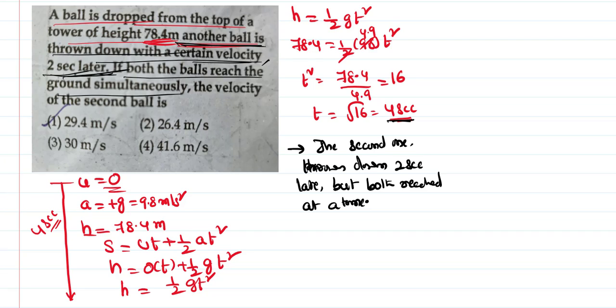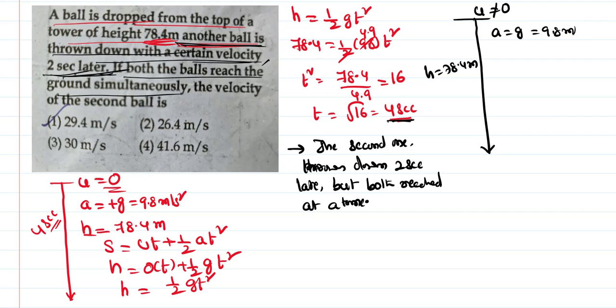If you draw the diagram for the second case, its u is not equal to 0. It is falling the same height of 78.4 meters. It's also coming down, so a equals plus g, 9.8 meters per second squared, and it is 2 seconds late.